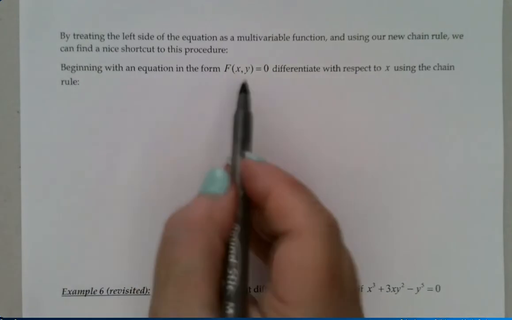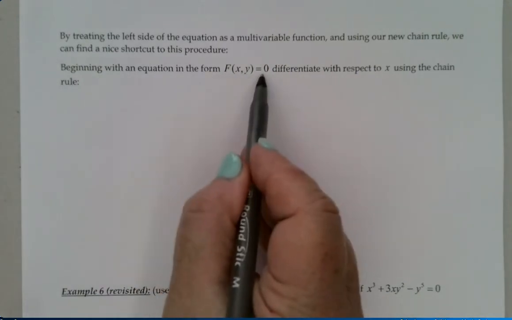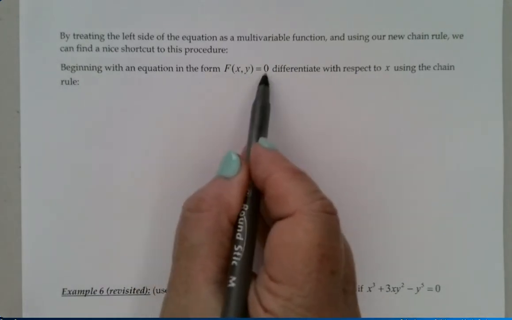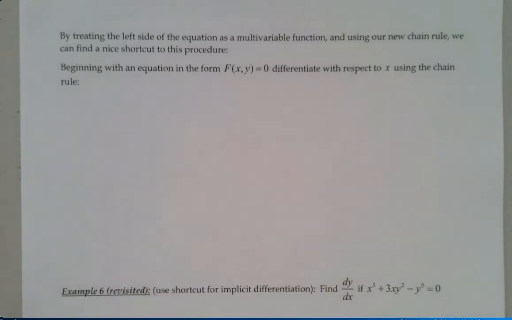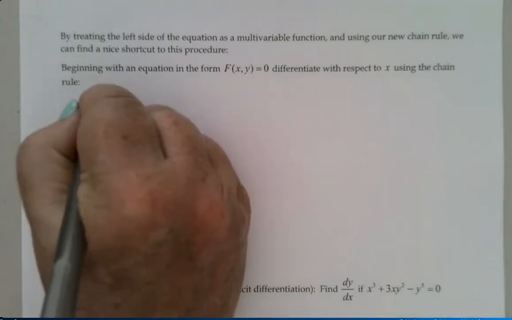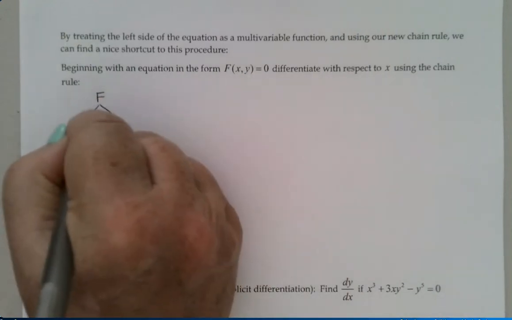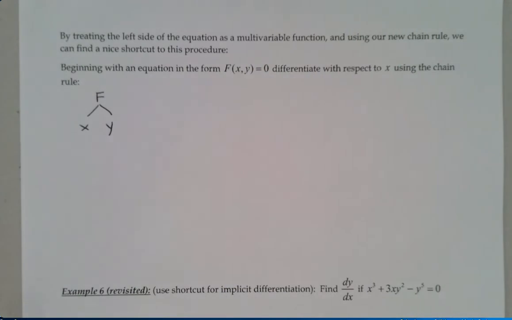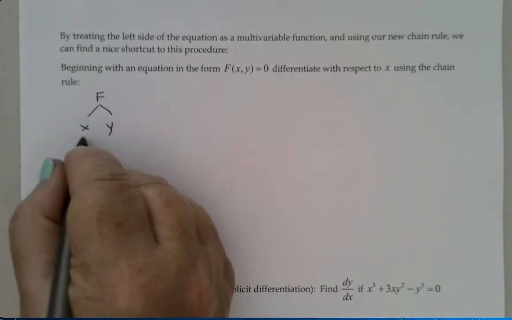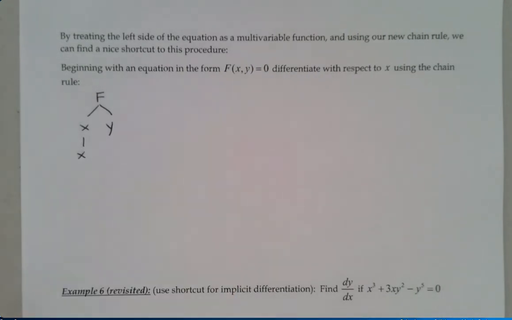Okay? You really want to start with f of x and y equal to 0, or at least equal to a constant, in order to use this technique. Of course, it's really easy to get that algebraically. Just move all the terms to one side. All right, so I've now got f that depends on both x and y. It looks a little weird to say this, but x depends on itself, right?